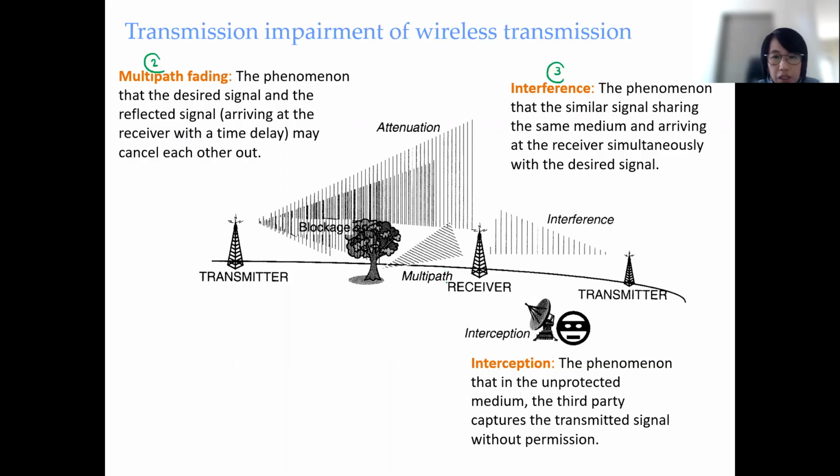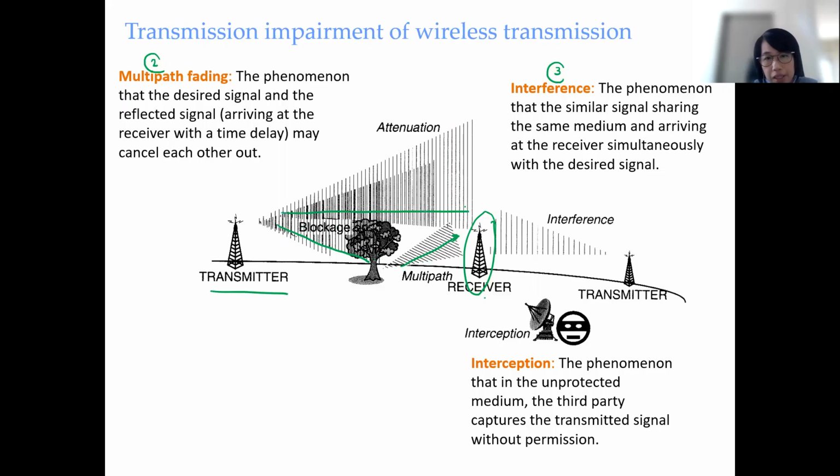This is a situation of multipath. You are the transmitter and you send the signal to the receiver. Then the receiver may not receive just your signal, but also what we can call a copy version of the signal, because it is from the same transmitter.